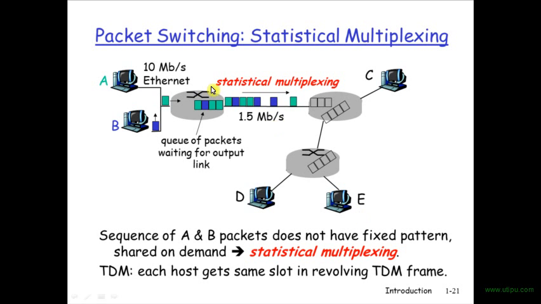So in this case, if there's no other condition or assumption, A and B get pretty much the same share of the bandwidth, statistically, not exactly. It's like you toss a coin. You will get two heads and then one tail and then one head and then two tails.